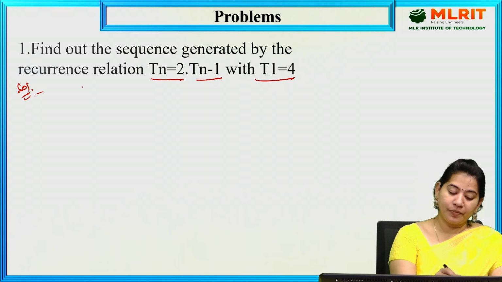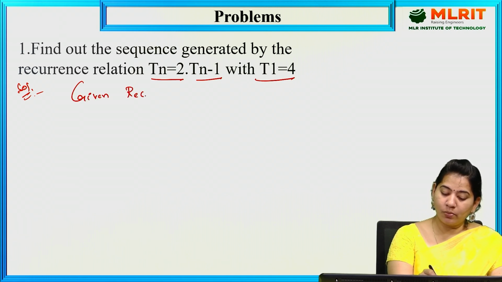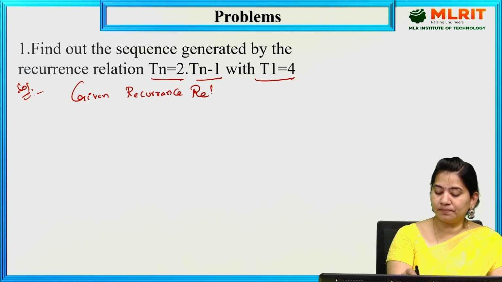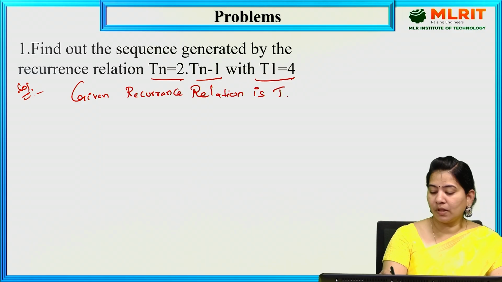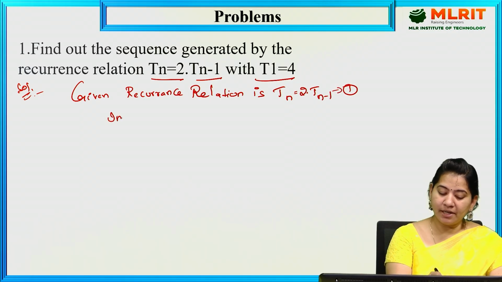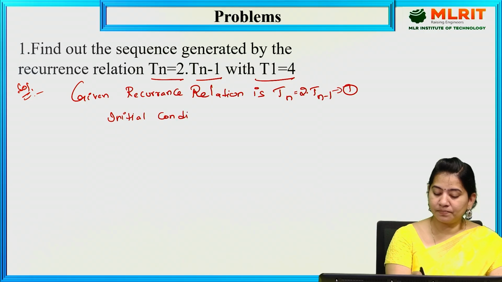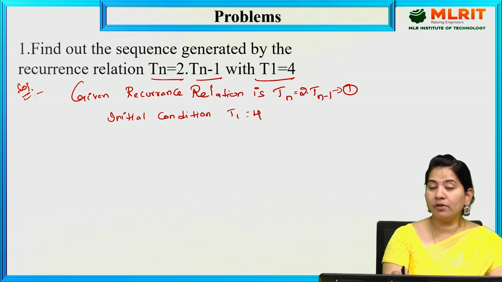The given recurrence relation is Tn is equal to 2 into T(n-1). This is equation 1. The initial condition they have given is T1 is equal to 4.